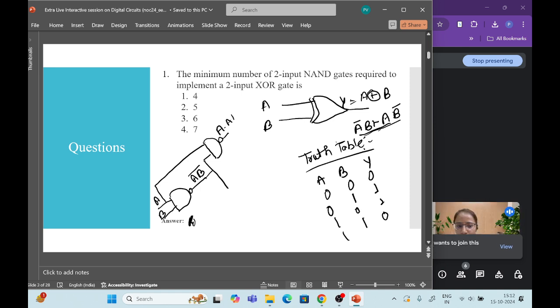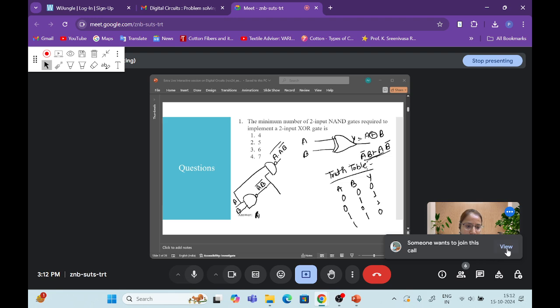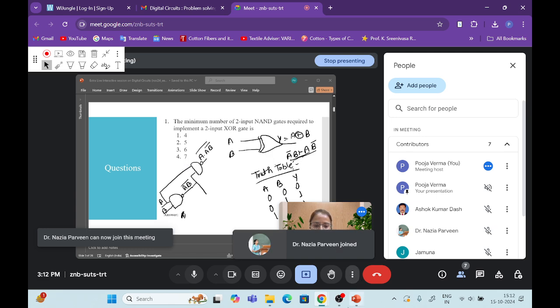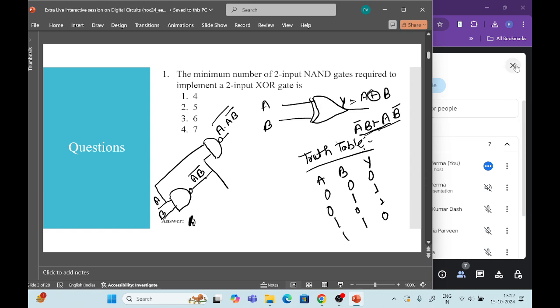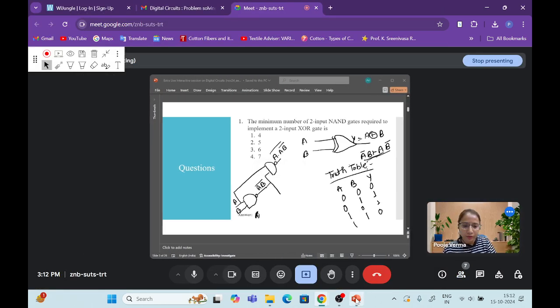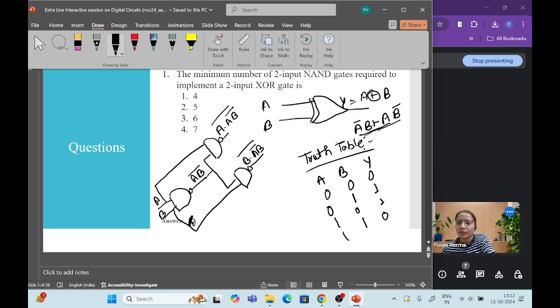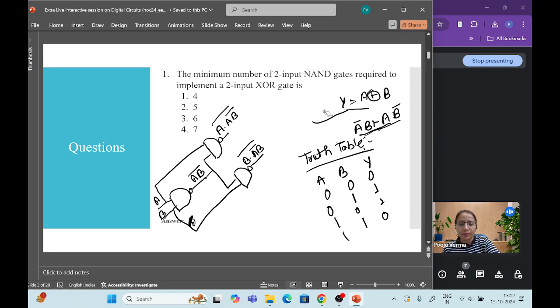A into (AB) dash, right? Okay. Similarly, we again take one NAND gate and connect it to the other input B. So here we will get B into (AB) dash, right? Okay, so I'm removing it from here.